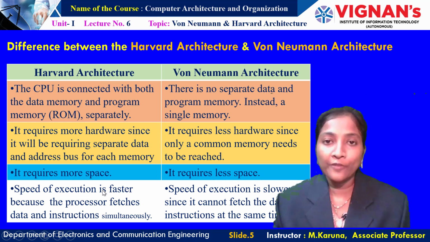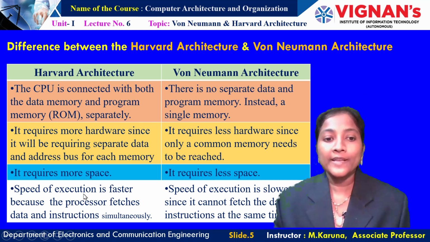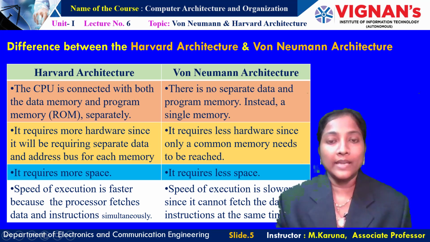Next, coming to the speed of execution. In the Harvard architecture, speed of execution is faster because fetching of instruction and data is performed simultaneously. In the Von Neumann architecture, speed of execution is slower because a single bus is used to carry data and instruction code, so it cannot fetch the data and instructions at the same time.